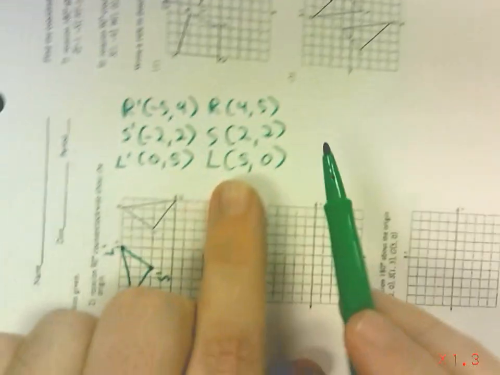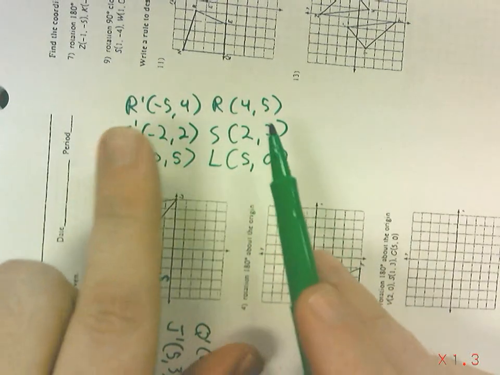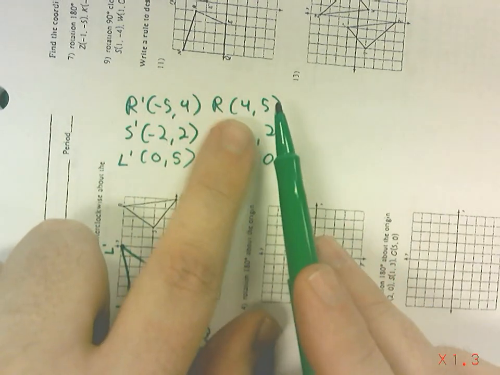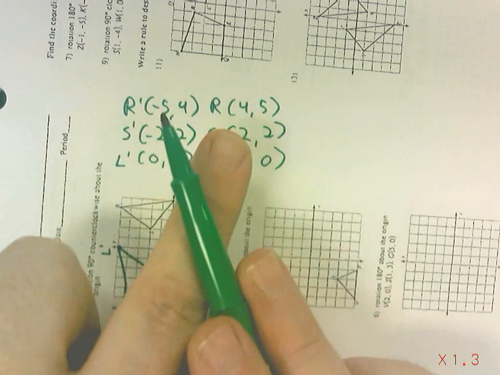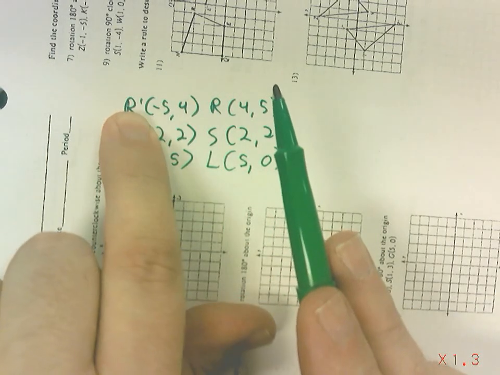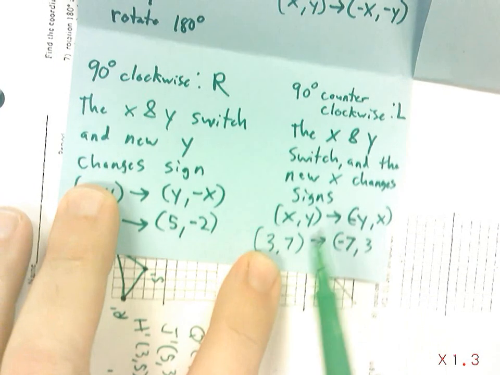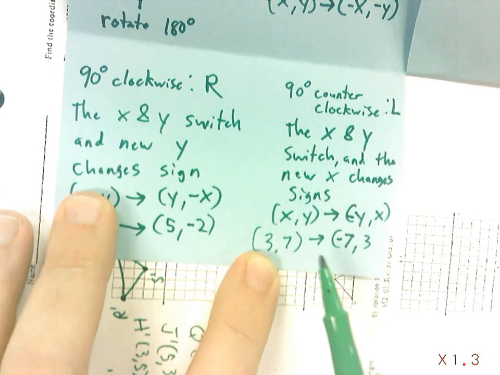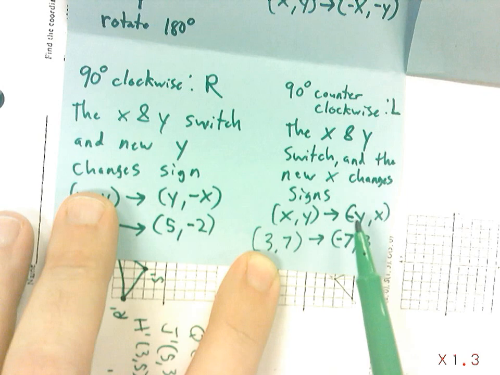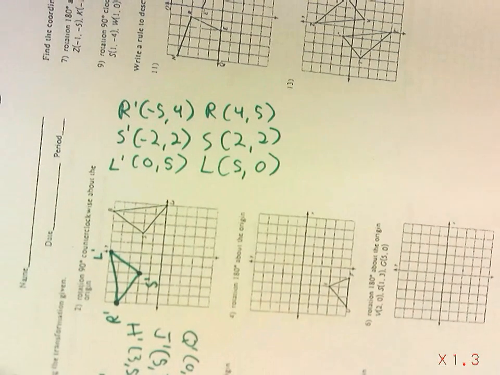So if we compare these, let's look at the top one. We swapped coordinates, and then the new X became negative, right? Does that match my rule? We're counterclockwise. The new X changes signs. Yes, it does. Okay, so that's how it works.